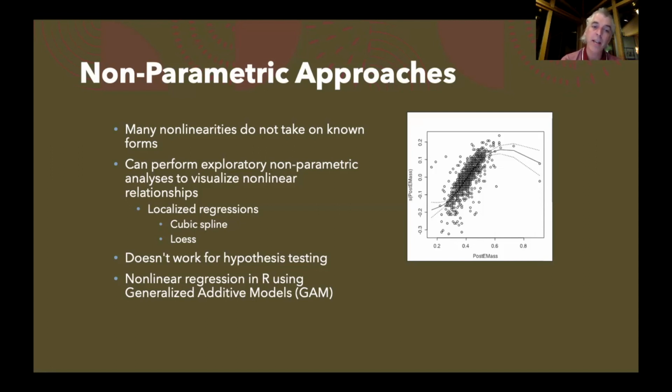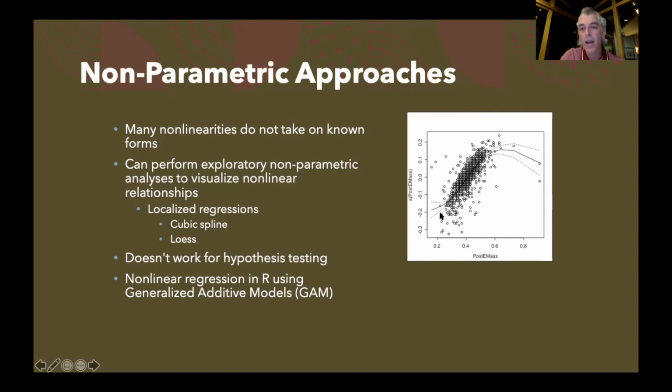And what we can do in this case is to perform non-parametric analyses, which means that we're not going to fit a linear model to these relationships, but we're going to visualize them using some form of localized regression, either a cubic spline or what's called a LOESS regression, which is just a localized regression, which is like we're fitting a whole bunch of tiny little regression lines across all of these different spans of the data, which allows our regression to not follow a linear relationship, but to follow this smoothed curve that's driven by the data points in a particular region of the overall scope of observations that we've made.